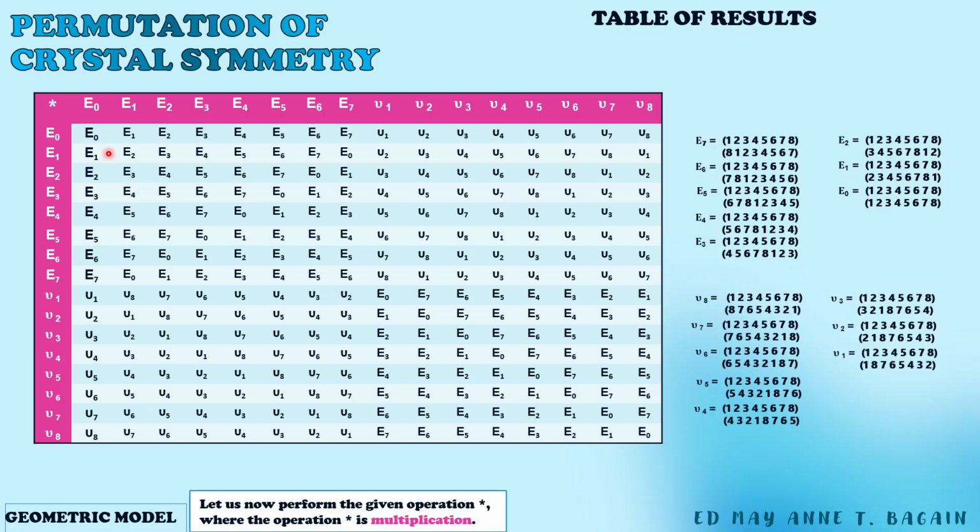So if you just see the pattern, you can do it as easily as possible. So after doing every multiplication, or after doing all of the combinations of these two, we have here now the complete table. Now that we have the complete table, the only thing that we need to do is to check if this one can be a permutation group.